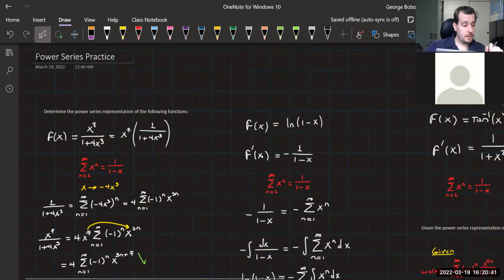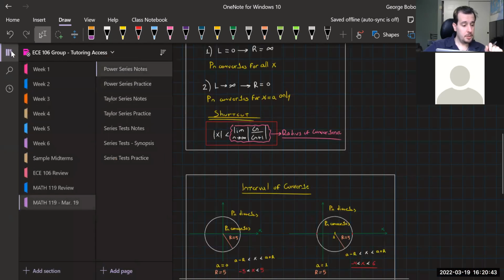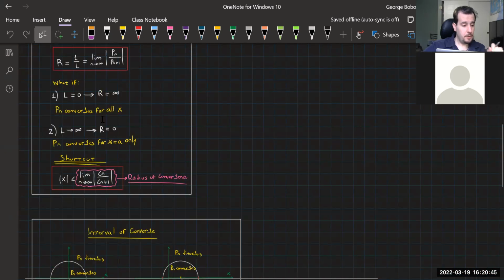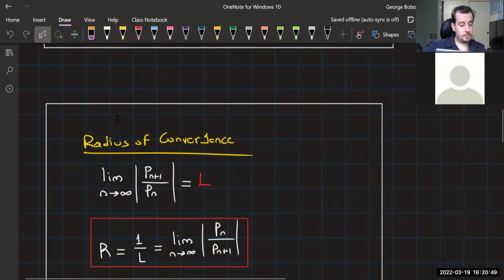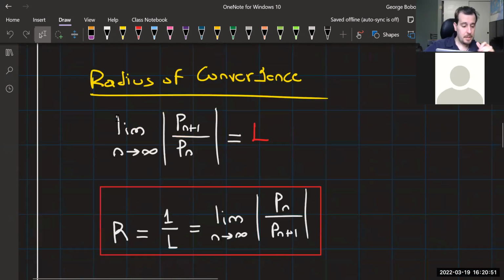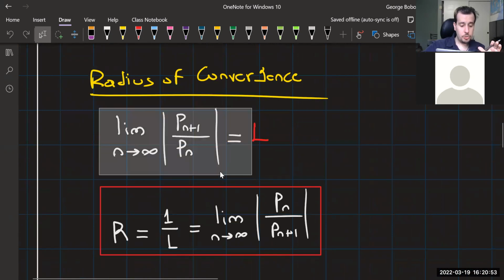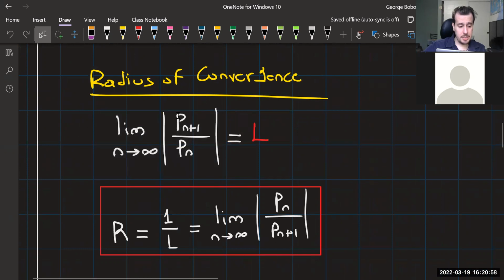On the note, when we go back here, you will see the following. When we talk about radius of convergence, this is the ratio test basically. If you read the notes, this is what the ratio test is. You take the inside part of the series right now, add 1 to the n terms, and then divide by the original a sub n.